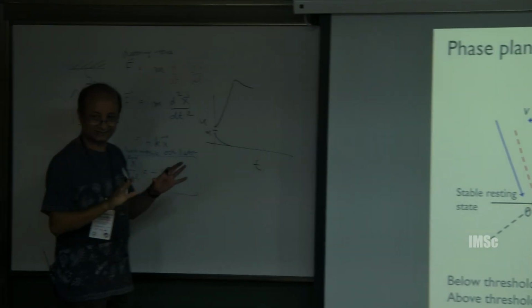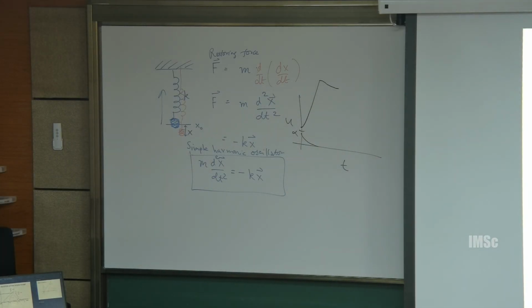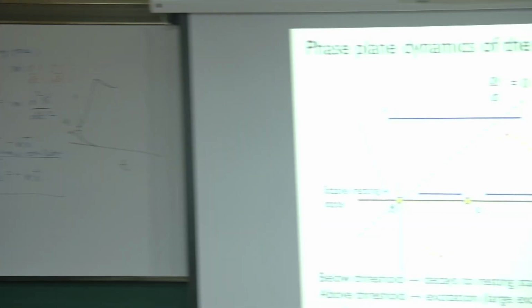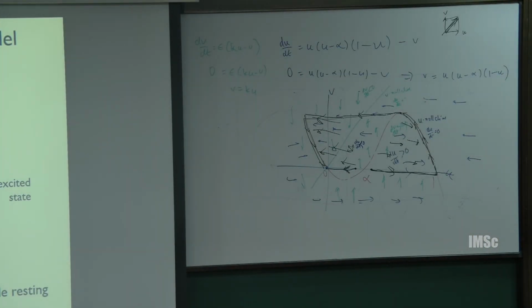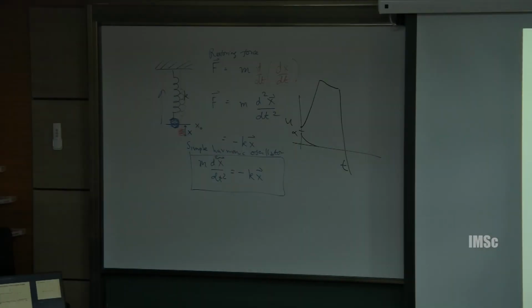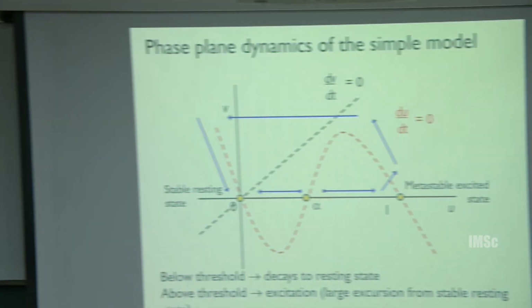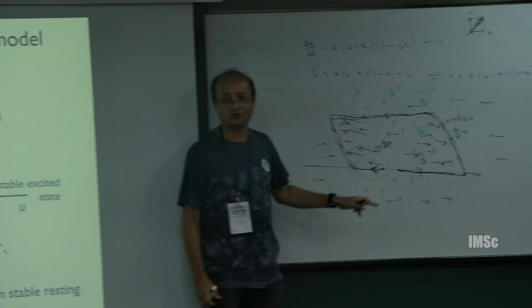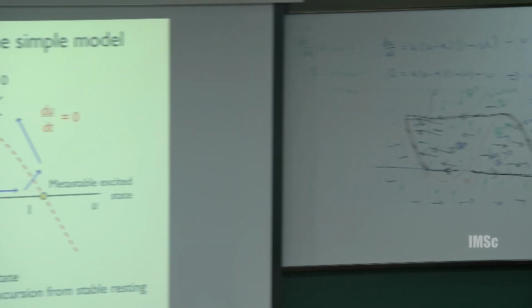Then once it reaches this point, it decreases very fast, an almost vertical, precipitous fall-off until you reach this point. Remember this is at negative U, so you have crossed the 0 line, you have reached negative U, and then slowly you go back to 0, like this.